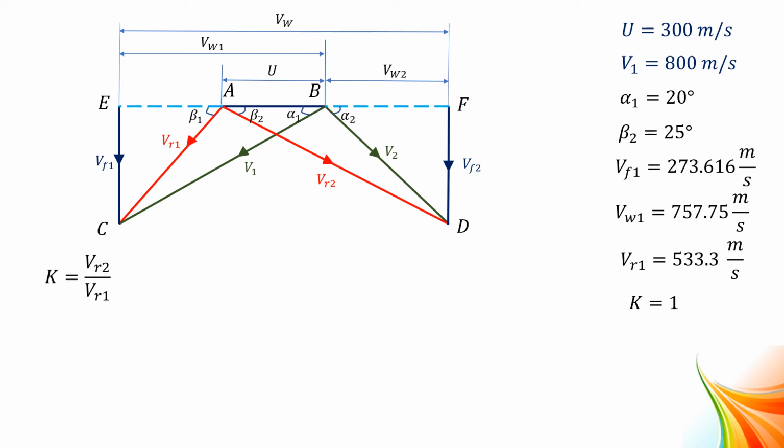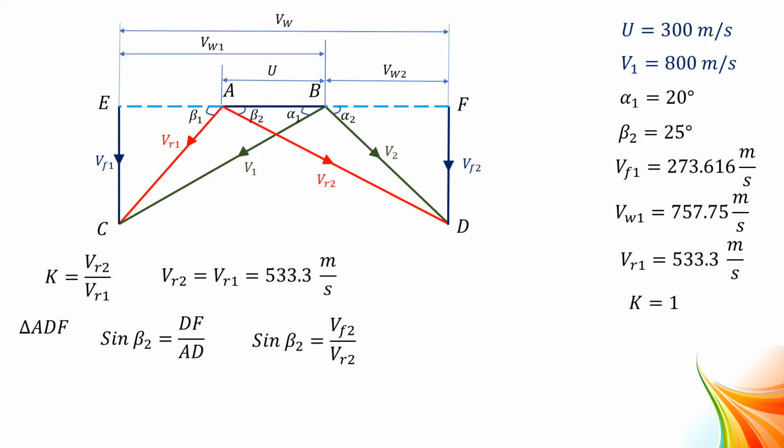Therefore, VR1 equal to VR2 equal to 533.3 meters per second. Now, considering the right angle triangle ADF, sin beta 2 equal to opposite side divided by hypotenuse.